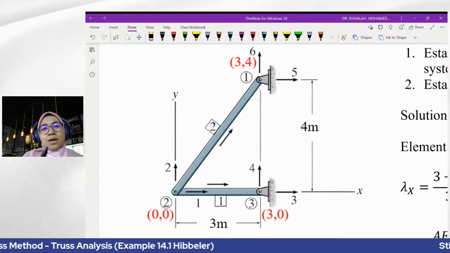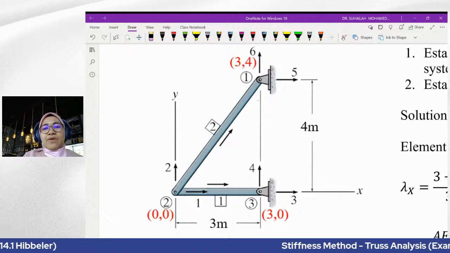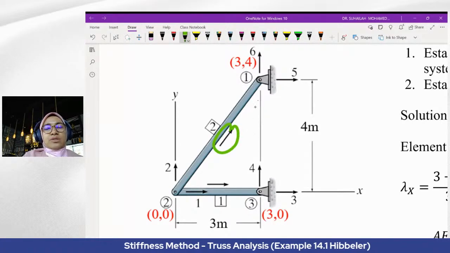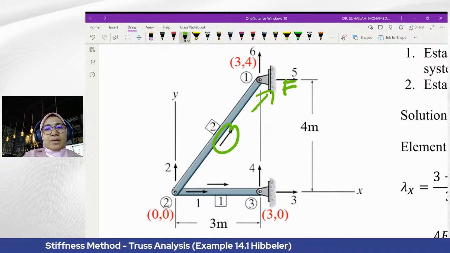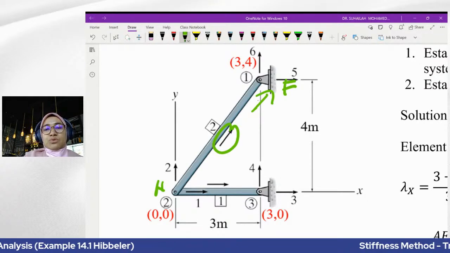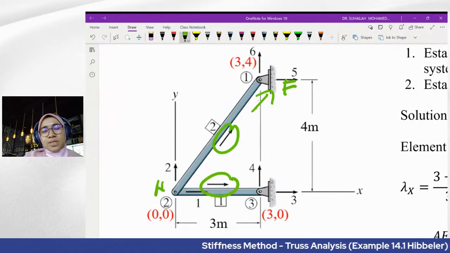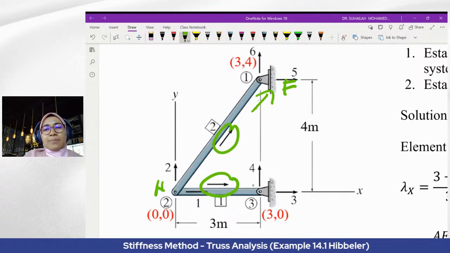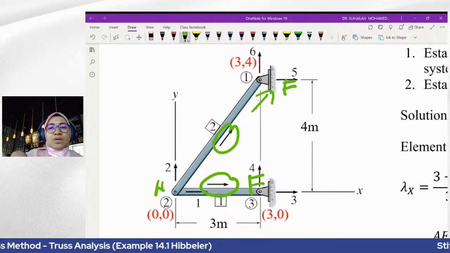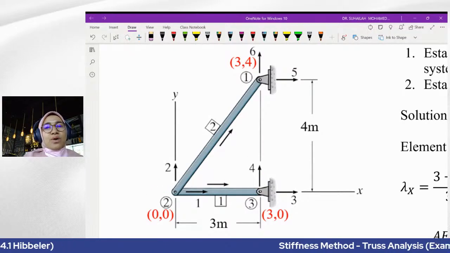Because we will identify near and far end conditions based on the arrow, because the arrow is always going to the far end. So this will become near for element number 2, and the same goes for element number 1. The arrow is going towards the far end, so node number 3 will become far and node number 2 will become near.